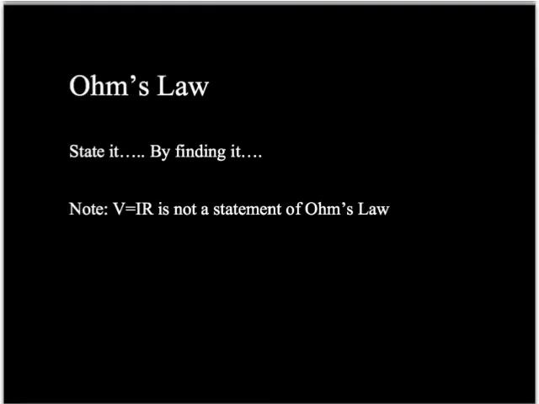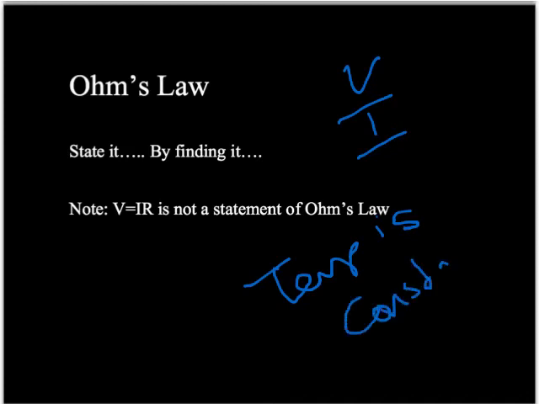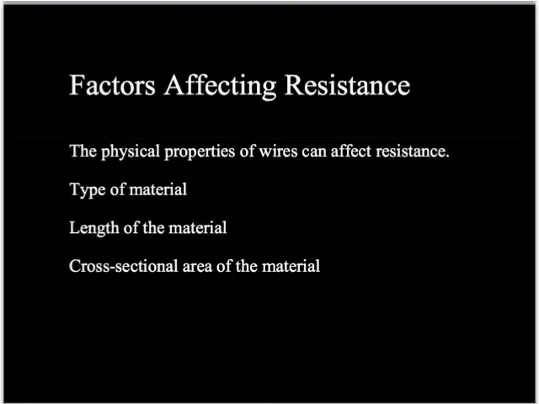Now Ohm's law, if you look in the dictionary, is essentially talking about how the ratio between V and I, between potential difference and the current, will stay constant provided the temperature is constant. That's that important point there.